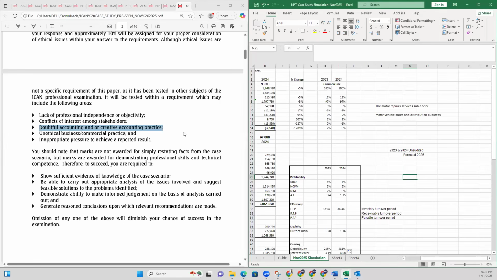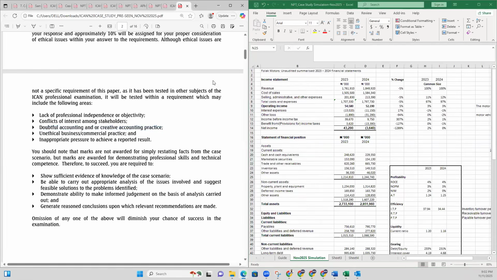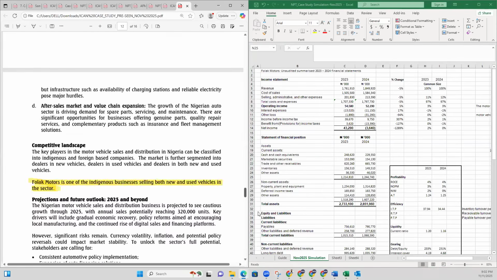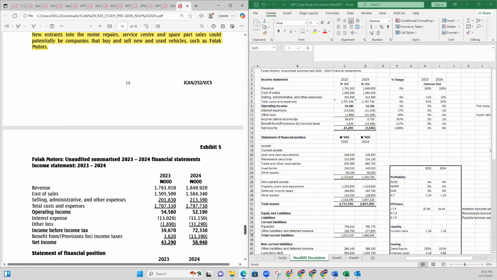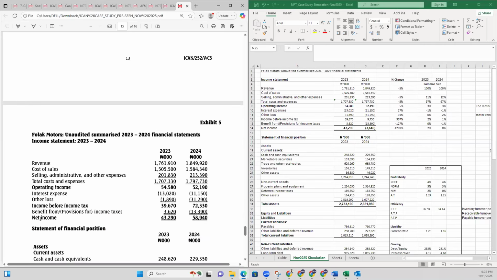Mr. Simon, what error? You said what? You explained something about the error. In what part? The financial statement. You can see the reported profit, right? For 2024. Can you see that?